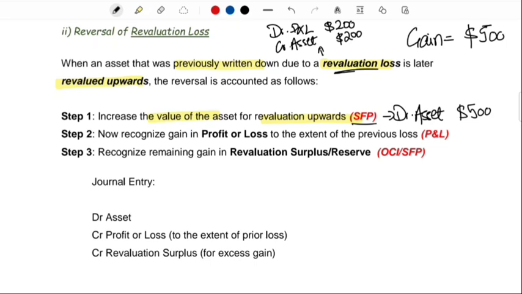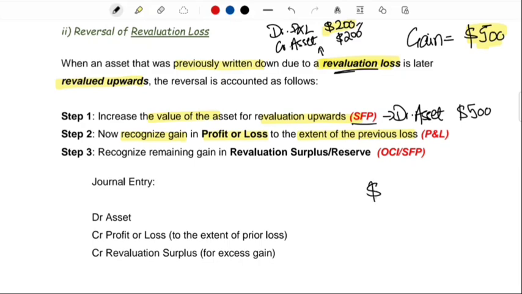All right. Now IAS 16 says that if you had a revaluation loss in the previous period, which I know is $200, you will take the portion of the gain which you have recognized in this period, and the gain is $500, and you will recognize the gain in profit or loss to the extent of the previous loss. What is my previous loss? $200.